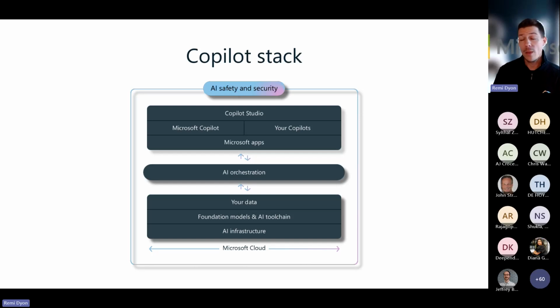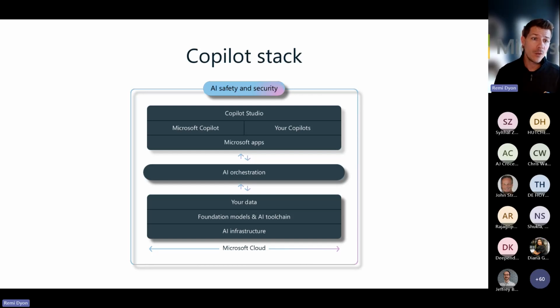And then at the top, we surface that Q&A, that answer, that conversational AI into different places in Microsoft apps, in Microsoft Copilot, and in your own custom Copilot. And of course, all of that is surrounded by AI safety and security, because that's the first thing we want to tell our customers when they start using large language models or GPT models or OpenAI.